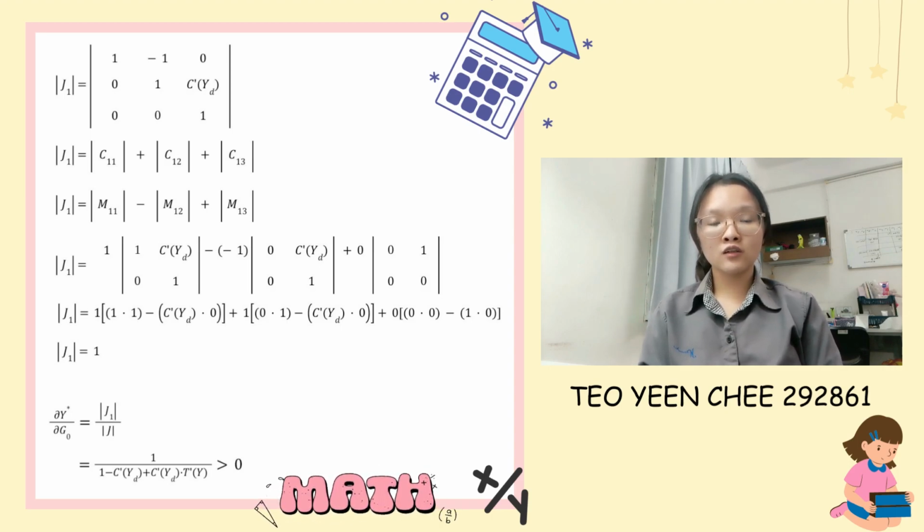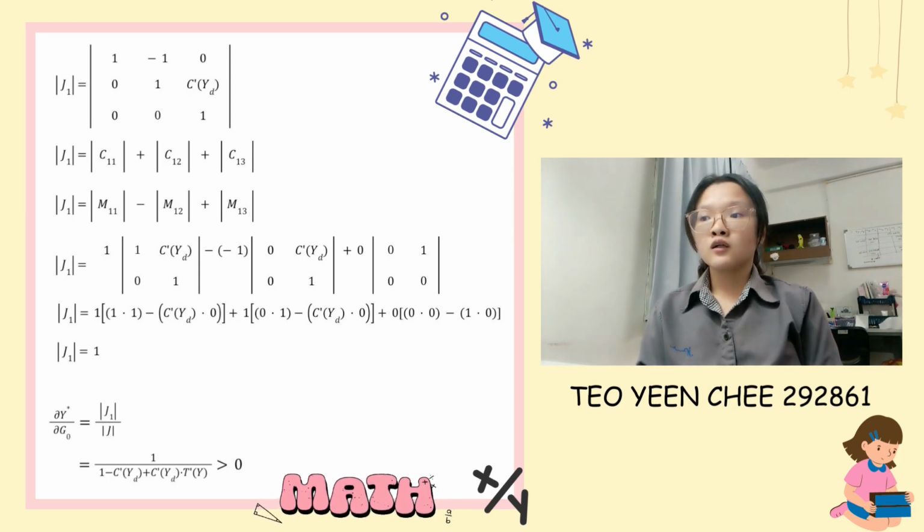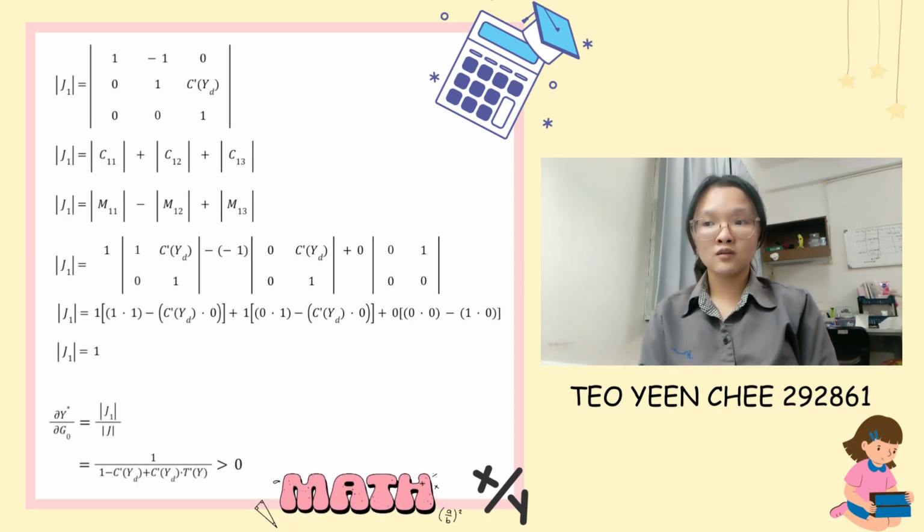Now let us continue with part B to find our J1. To find J1, we can use Cramer's rule. Then our J1 will be: for the first column 1, 0, 0, and the second column negative 1, 1, 0, and the third column 0, C prime YD, 1. Then J1 equals C11 plus C12 plus C13.